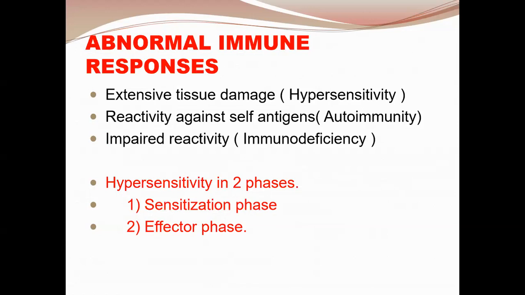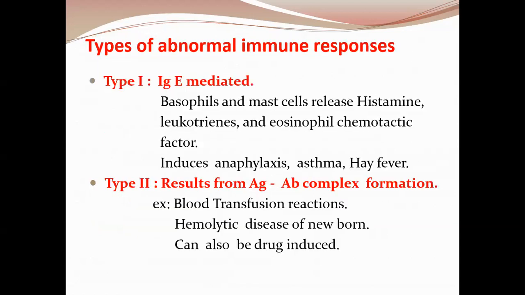We will discuss the hypersensitivity reactions, which occur in two phases, the sensitization and the effector phase. Now, what are the various abnormal immune responses? Number one is type 1. As I told you, type 1, type 2, and type 3 are antibody mediated, and type 4 is cell mediated. So what is type 1?